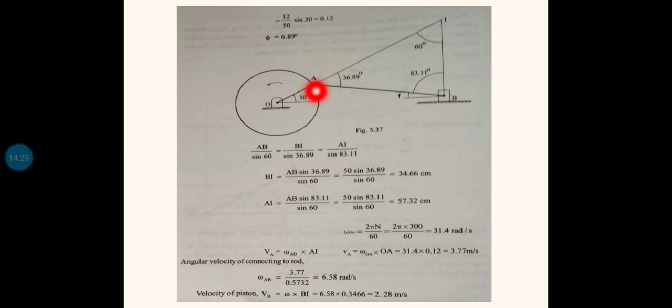See, for this point A you are getting two radii. One is the radius corresponding to the rotation of this rod AB about the instantaneous center, so at that time you have to take the radius as IA. And if you are talking about the rod rotating about this center O, then at that time the radius should be this distance, that is OA.